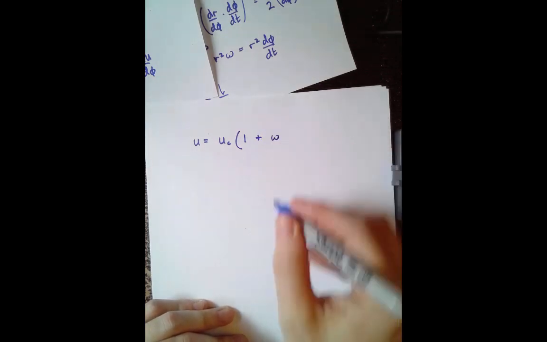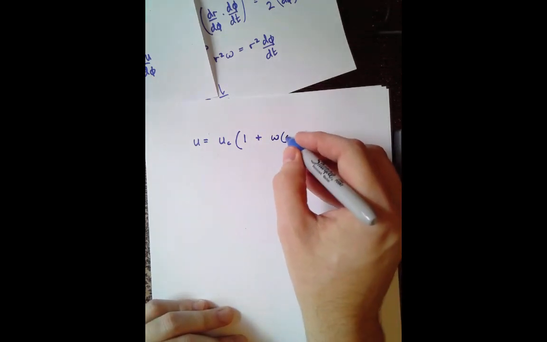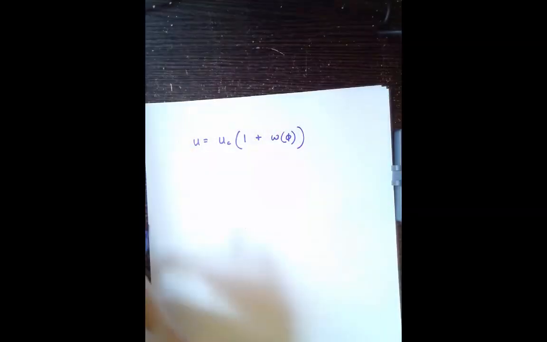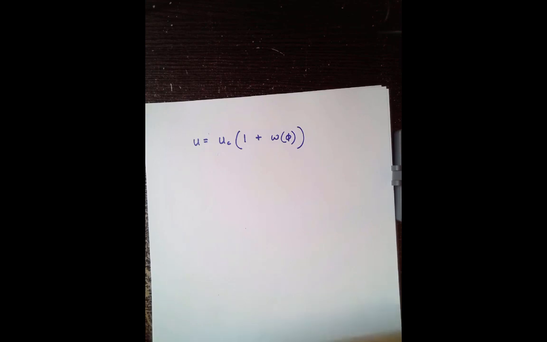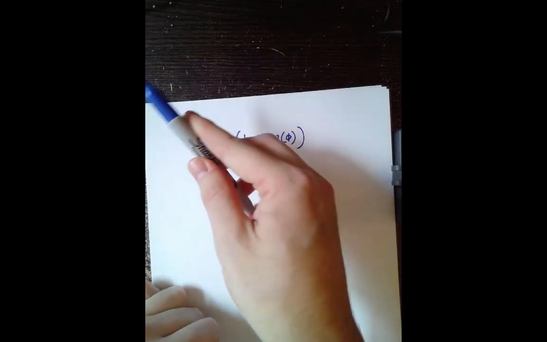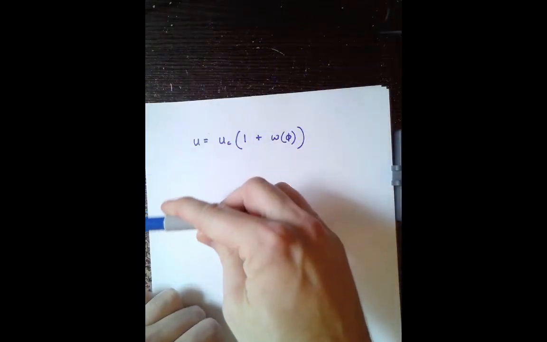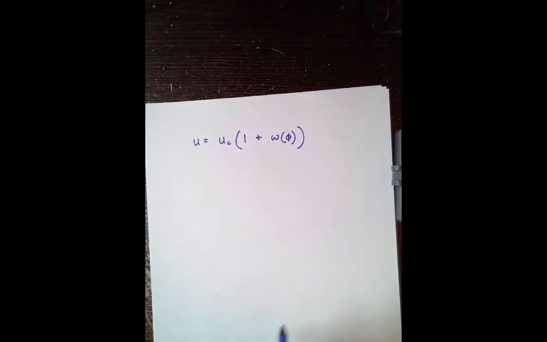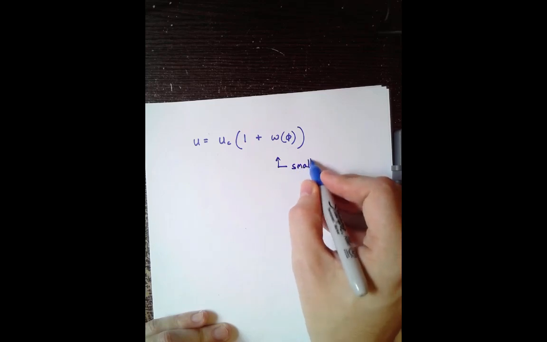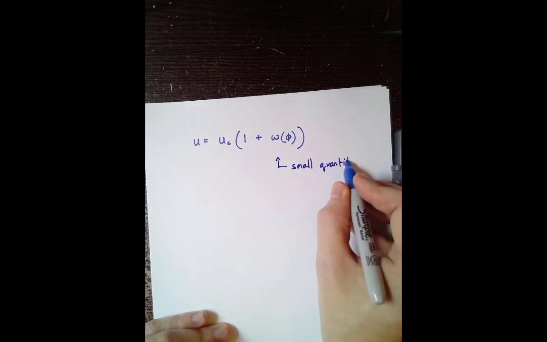I'm going to write the small extra bit as w, and this in general is going to be a function of phi. This perturbation will depend on where you are in the orbit. For example, if you're on a slightly elliptical orbit, then your position u or r changes with your angular position as you move slightly closer and then slightly further away from the central mass. And the key thing here is that this is a small quantity.